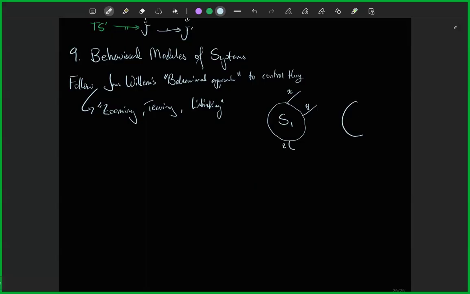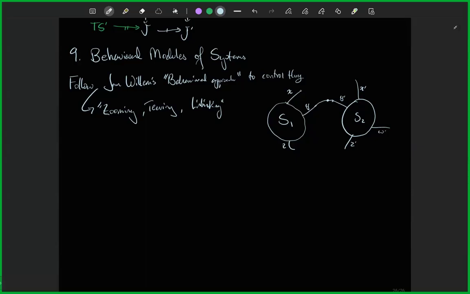And if I have another system, and it has some wires coming out, and I'll call this X prime, Y prime, Z prime, whatever, then we can link these two together like this via a link.